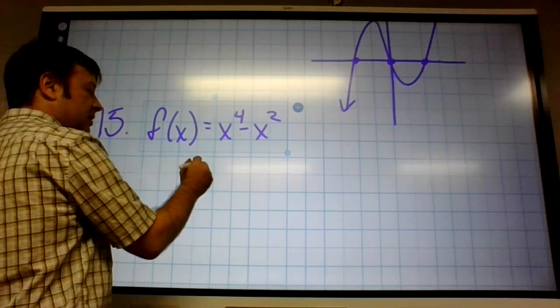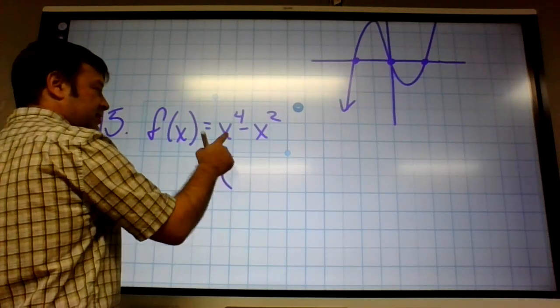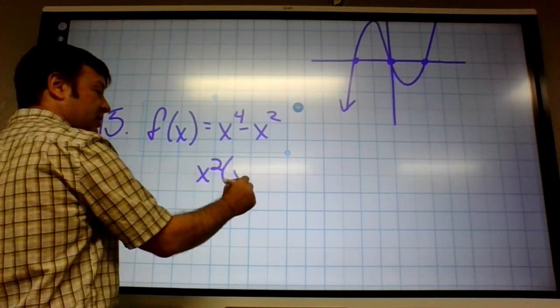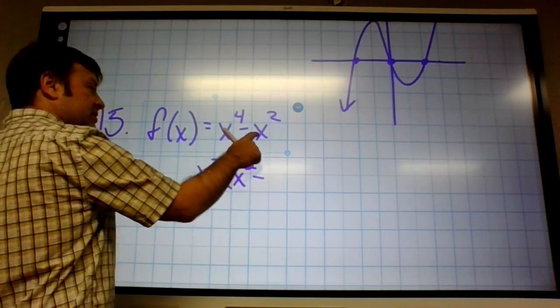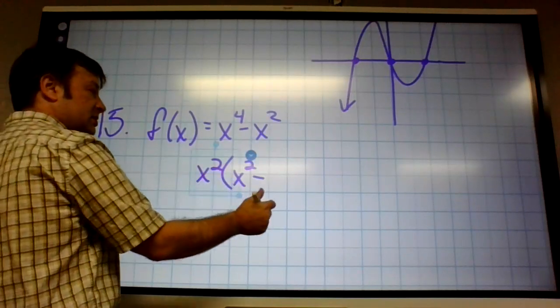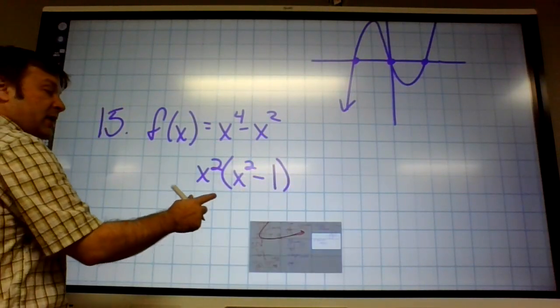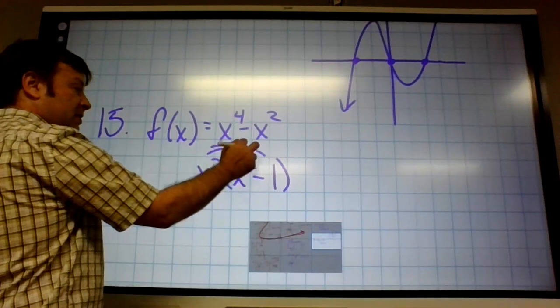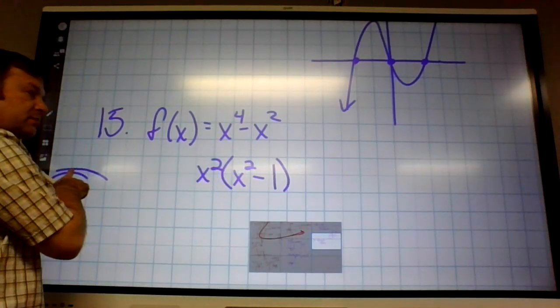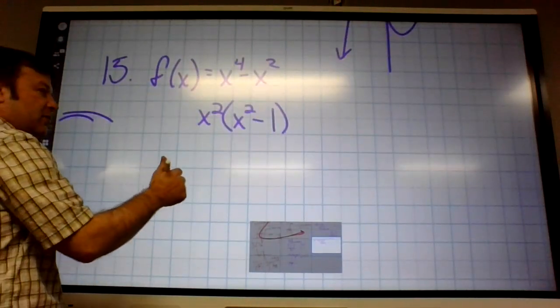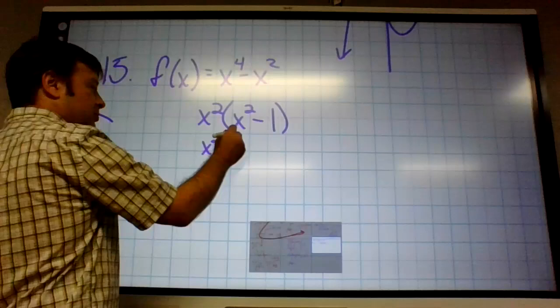Take out an X squared. So when you divide out an X squared, X to the 4th divided by X squared is X squared. X squared divided by X squared is 1. You can tell you did it right if you multiply it back together and it turns into that. Okay, what can I do with X squared minus 1?